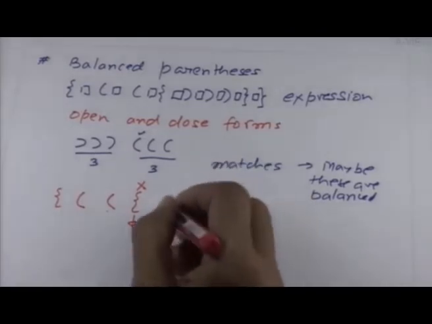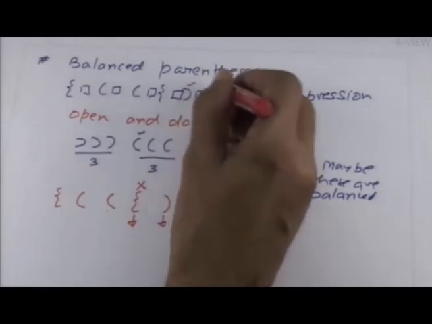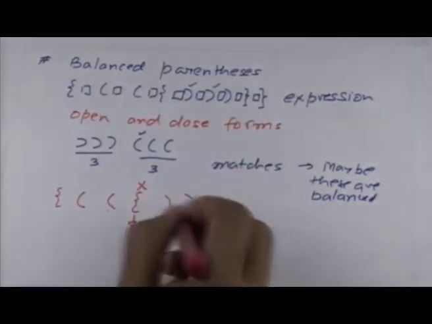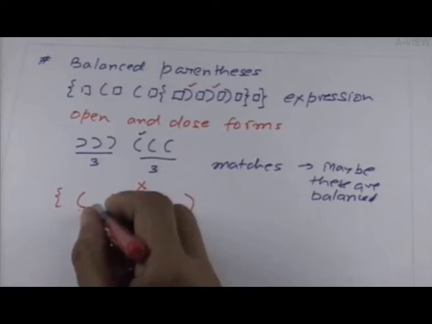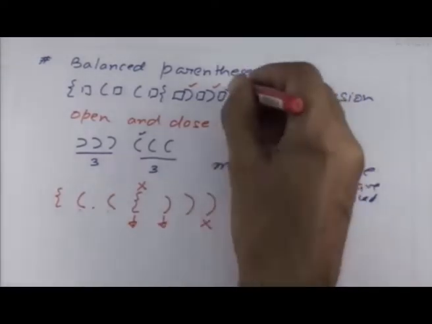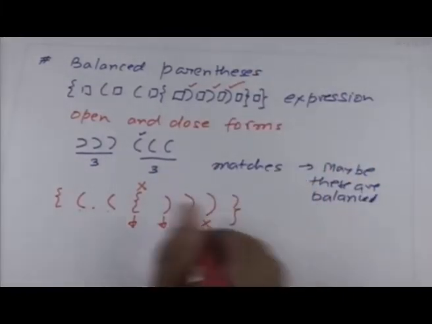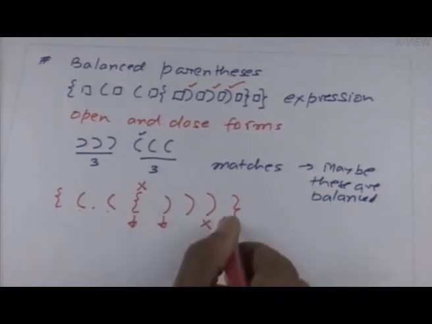Okay, and then after that, if I cite this as an error and process on, I see another closing parenthesis, and I can say, okay, here is the matching partner, fine. I see another closing parenthesis, and I should complain. This fellow has no matching partner. When it comes here, we'll have to say this fellow has no opening partner, because I don't see an opening partner at that level.